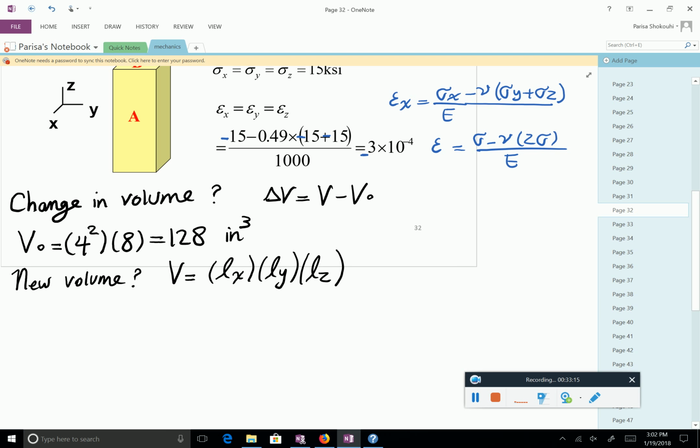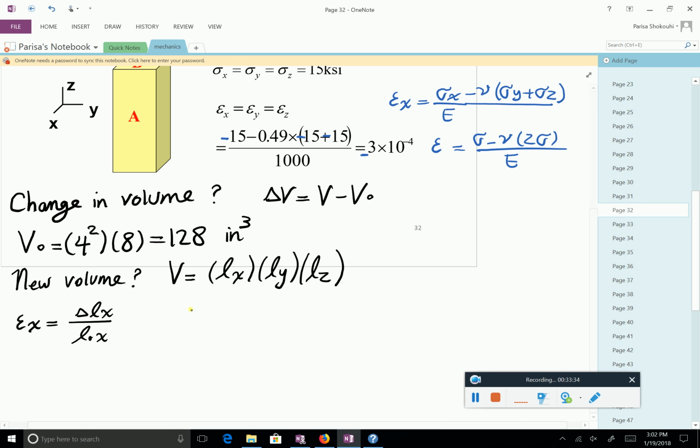So remember that in every direction we can write the definition of strain as change of length over the original length.